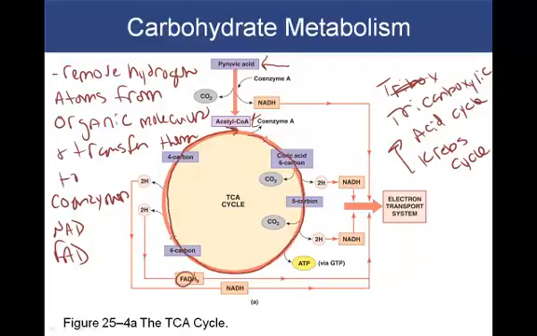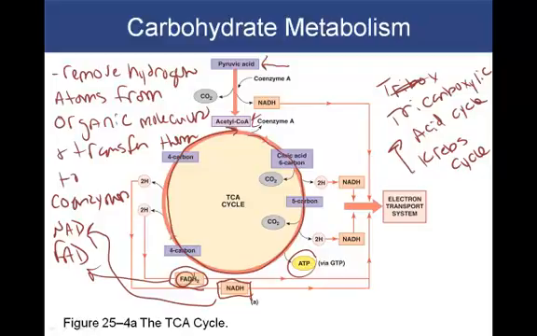And what we ultimately end up with is a little bit of ATP right off the bat. We end up with a tremendous amount of NADH. This is one of these coenzymes, NAD, that has plucked a hydrogen atom off of this organic molecule. And we end up with FADH2, which again has plucked hydrogen atoms off of these organic molecules.